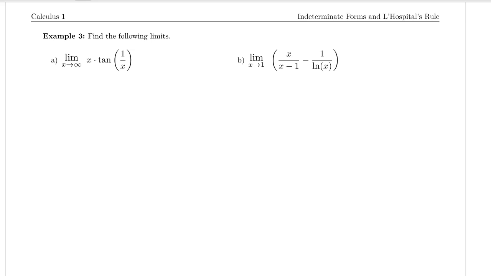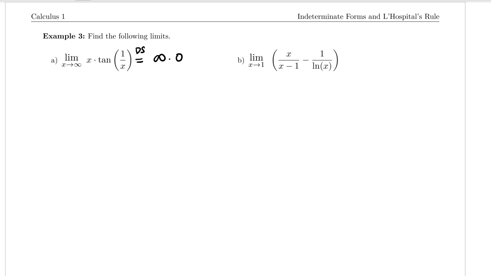And for this first limit, as x goes to infinity of x times tangent of 1 over x, if I used direct substitution, I would end up getting infinity times tangent of 0, which ends up being infinity times 0.